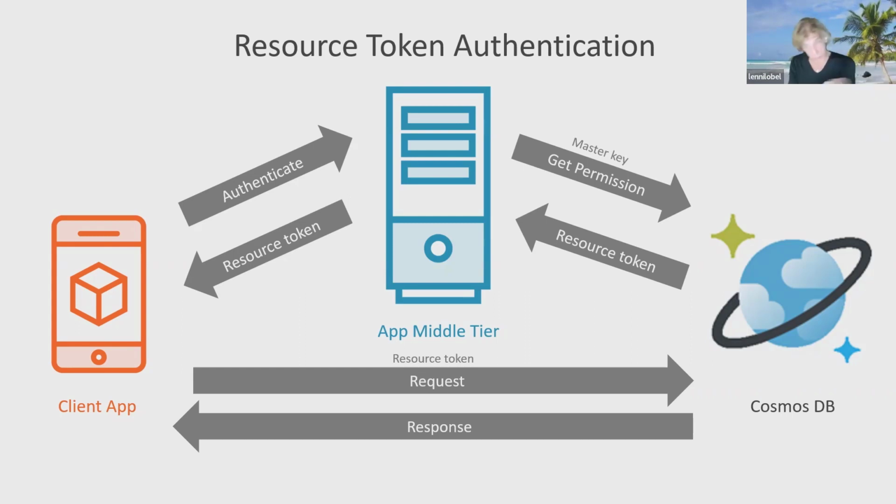In other words, issue database calls directly to Cosmos DB with no middle tier. You still need the middle tier just for the purpose of brokering those resource tokens: to authenticate, get the resource tokens for the permissions of that user, and then of course respond. In an hour you're going to get a 401 when the token expires, and respond to that 401 by re-authenticating and getting fresh resource tokens, right?